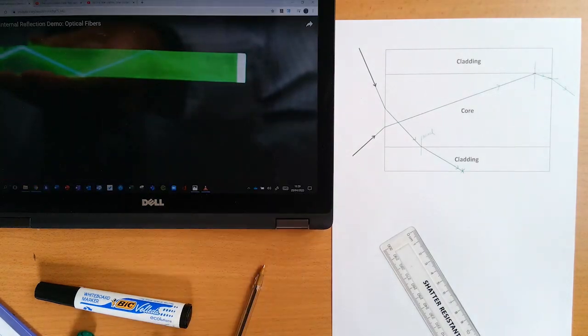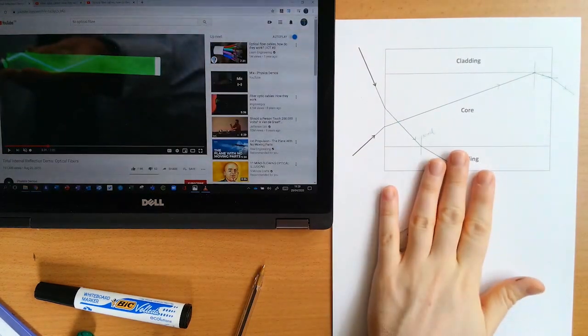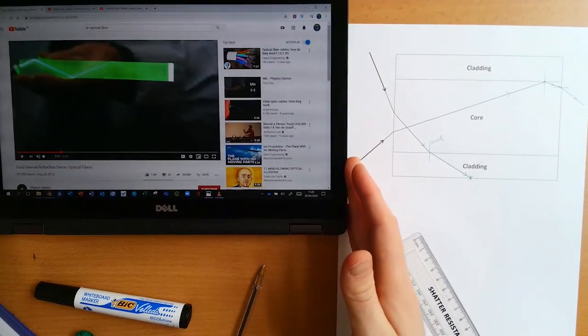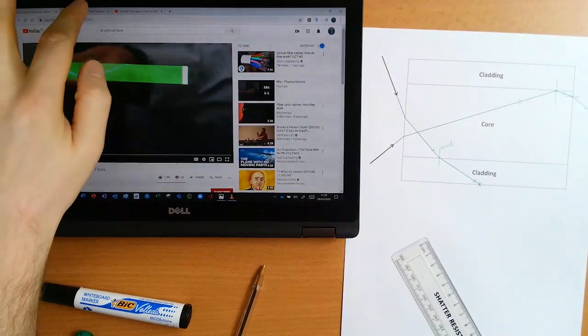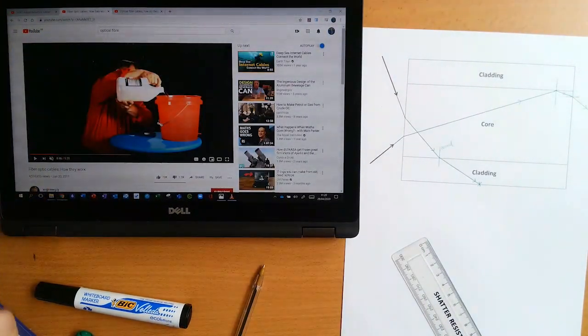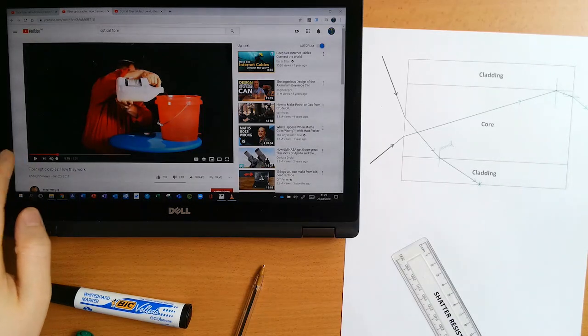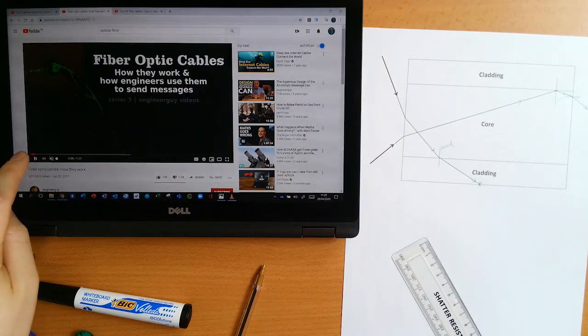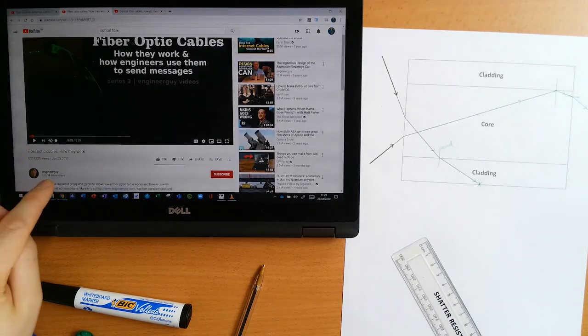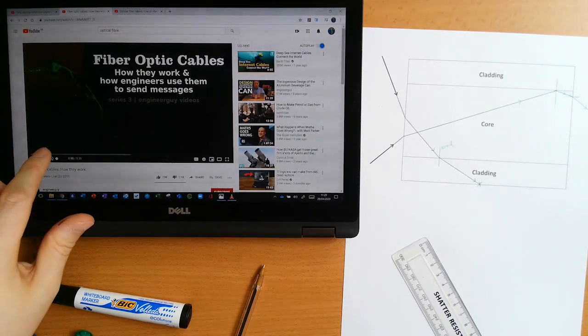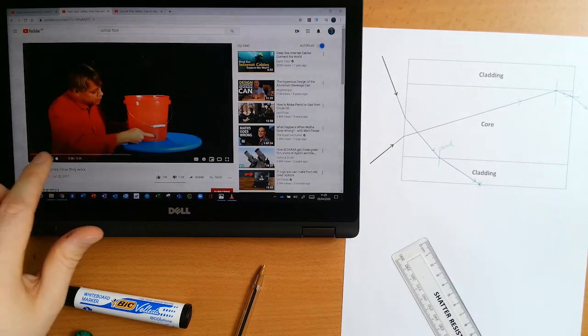Now, we're happy with the diagram. I just want to show you another bit of a video to show you this a bit more. Now, another demonstration you can do to show this, and this one's courtesy of the engineering guy. Just slightly lost my place in the video.